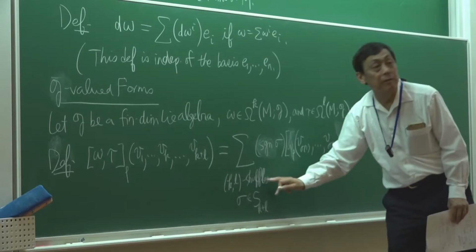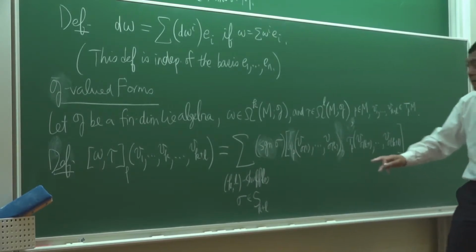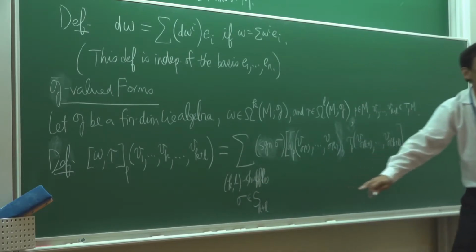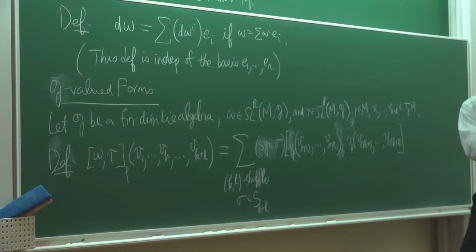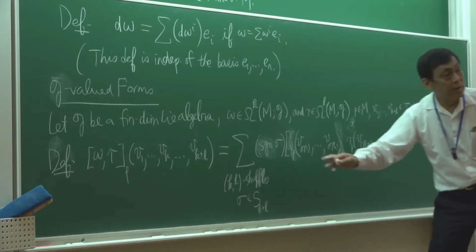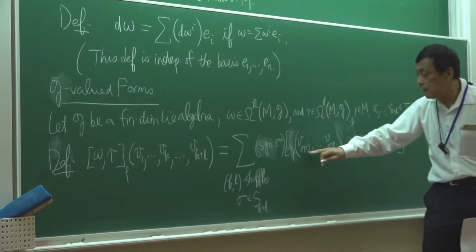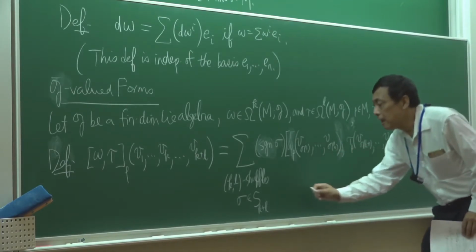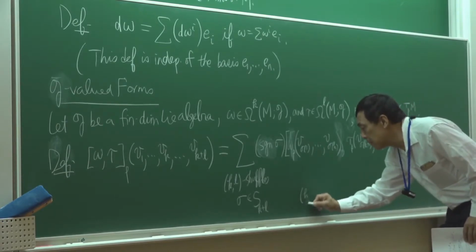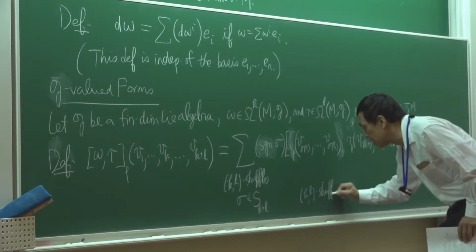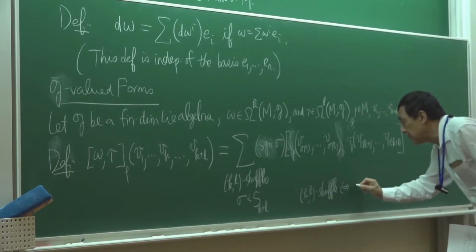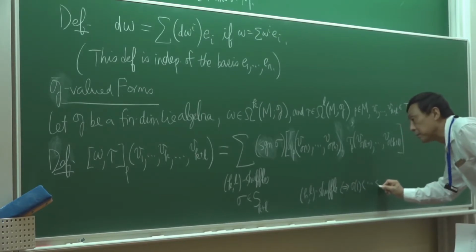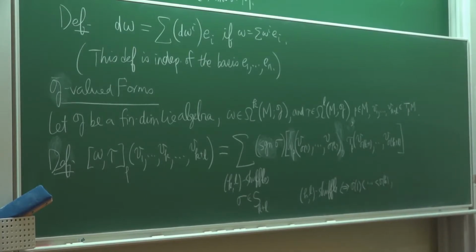A k,l shuffle doesn't mean all the permutations, but only those permutations in which sigma 1 is less than sigma 2 is less than sigma k, and sigma k plus 1 is less than sigma k plus 2 is less than sigma k plus l.